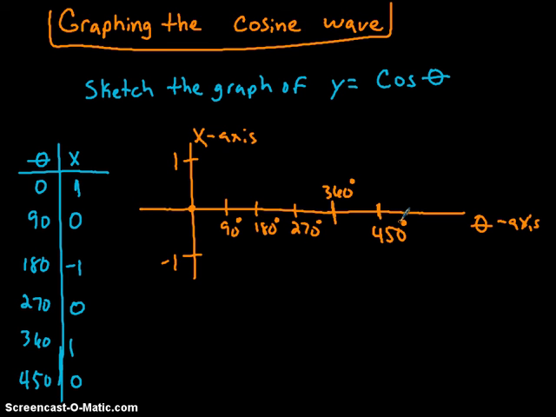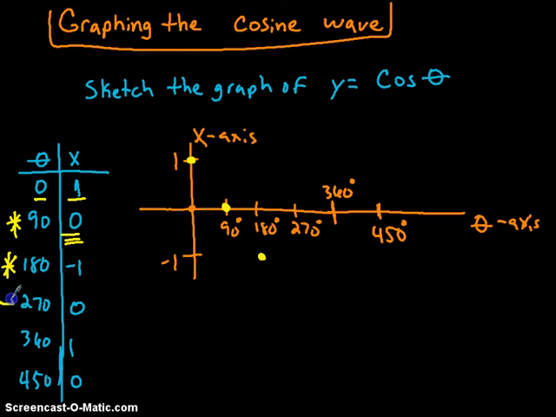What's really important when we actually get started with this is plotting those points. So at 0, my output was 1. So at 0 for theta, output's 1. And then at 90, output 0. So at 90 is right here on the axis. At 180, output's -1. So at 180, it's down here.